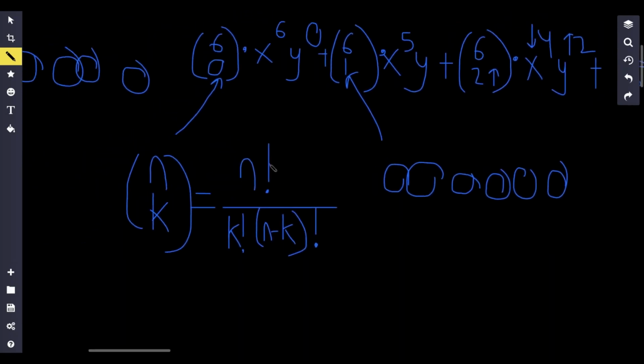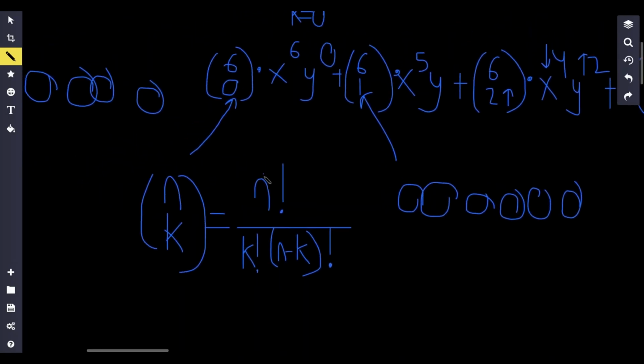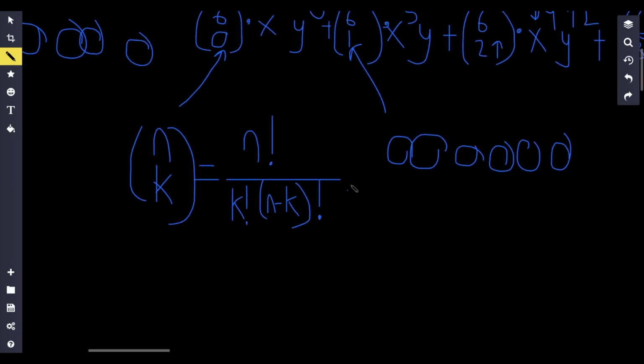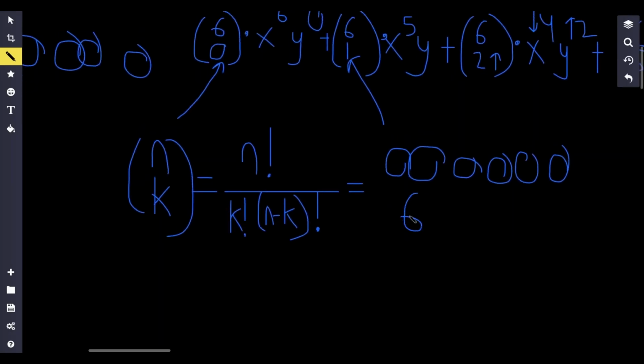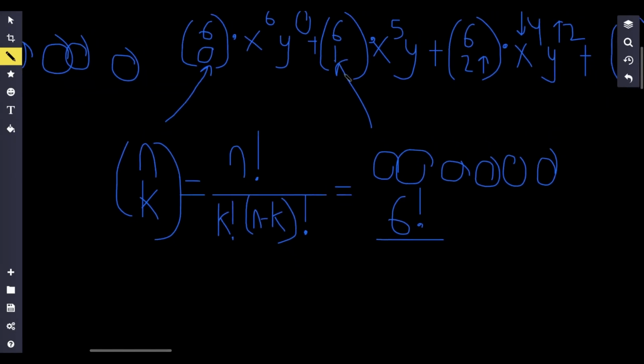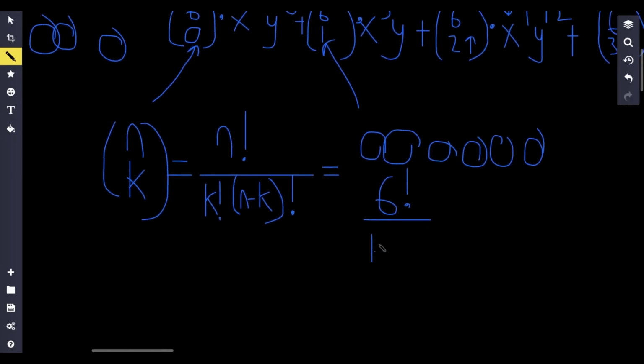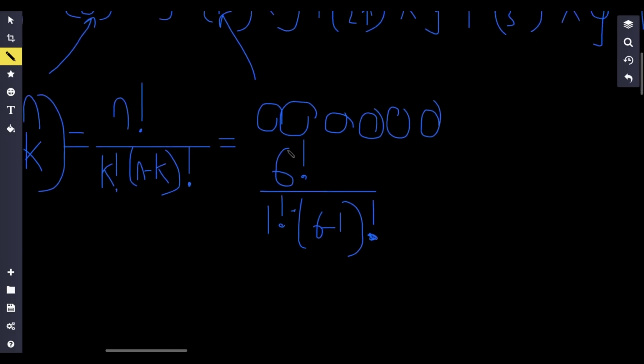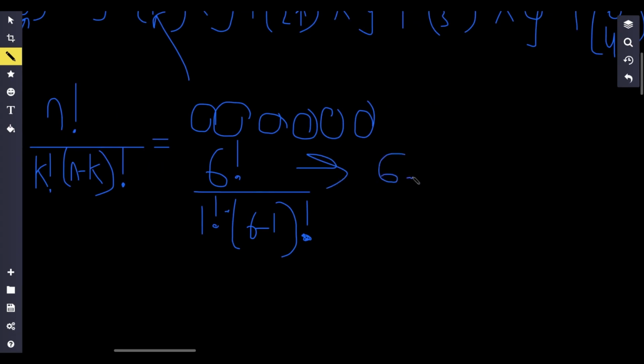And you can also do this using this formula, right? So it's going to be n factorial, and in this case we have 6 total objects, divided by k factorial. K factorial is basically the number on the bottom, so 1 factorial, times n minus k factorial, or 6 minus 1 factorial. 6 factorial is just equal to 6 times 5 times 4 times 3 times 2 times 1, right?